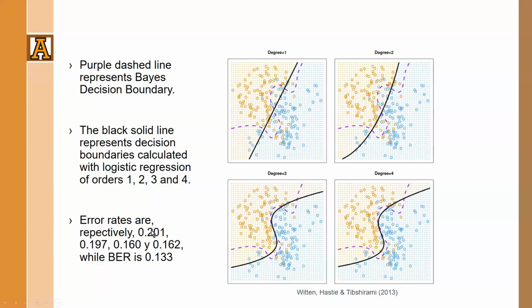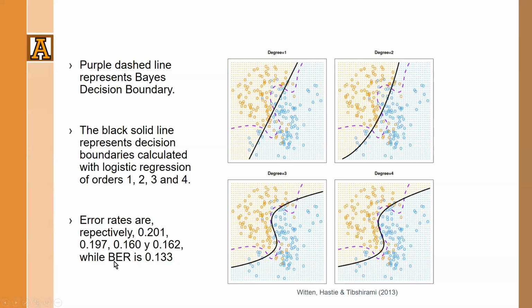If you look at the error rates we computed for the polynomial degree 1 logistic regression model, degree 2, 3, and 4, the error rates are 0.201, 0.197, 0.160, and 0.162.